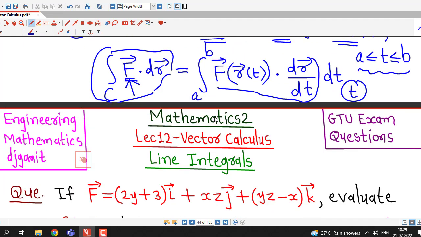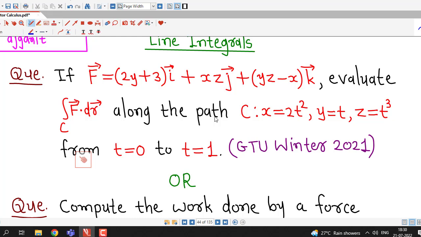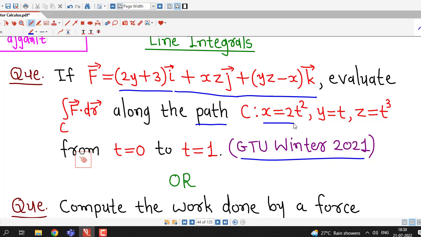So with this definition in mind, we will discuss this question which was asked in the GTU Winter 2021 exam. If vector function f bar is given by 2yi plus xzj plus (yz minus x)k, evaluate the line integral of this vector function along the path given by x equal to 2t square, y equal to t, z equal to t raised to 3, from t equal to 0 to t equal to 1.